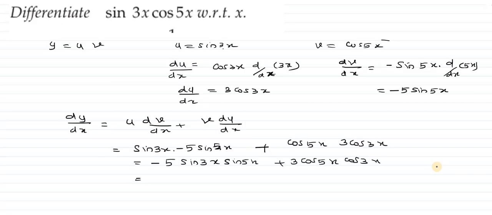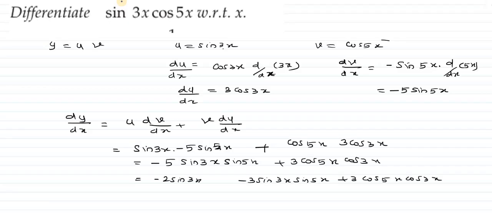Here also you can just take minus 2 and then keep minus sin 3x sin 5x. How much will it be? Minus 3, right? This one I am going to split: minus 5 here, plus 3 cos 5x cos 3x. Here I can keep minus 3 sin 3x sin 5x, and here minus 2 sin 3x sin 5x.